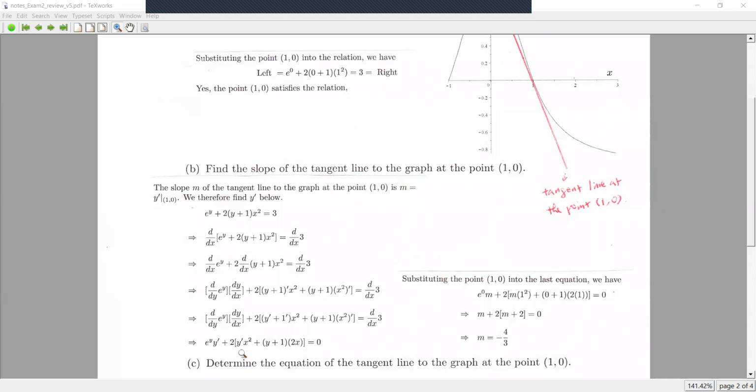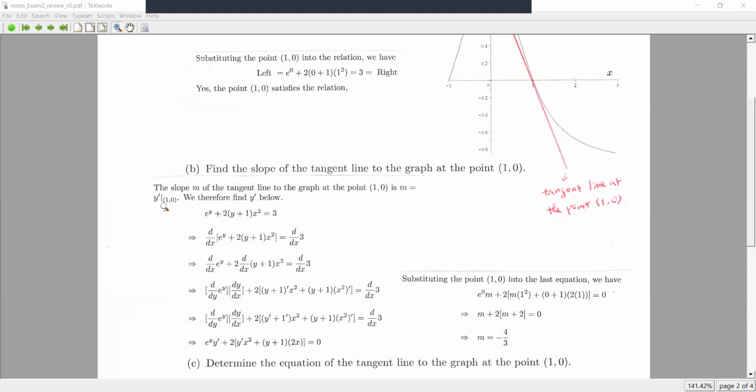We can directly plug in the point (1, 0) into this equation to get the slope of the tangent line. For this purpose, let me denote the slope of the tangent line by m. That is, m is equal to y prime evaluated at the point (1, 0).